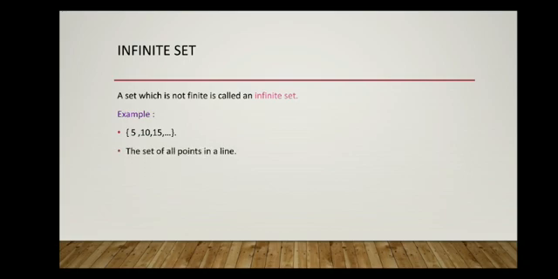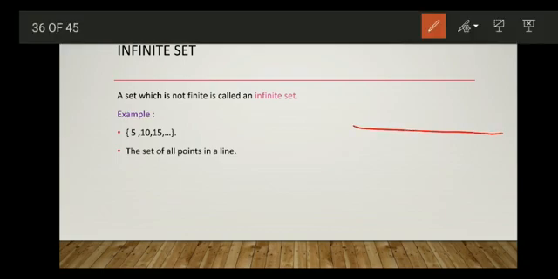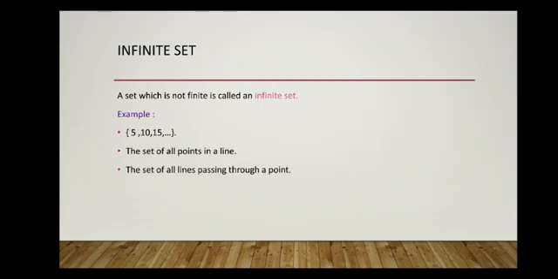See the second one, the set of all points in a line. If you consider a line, there are infinite number of points on the line. So the set of all points in a line is not finite. Hence it is an infinite set. Now see this next one, the set of all lines passing through a point.